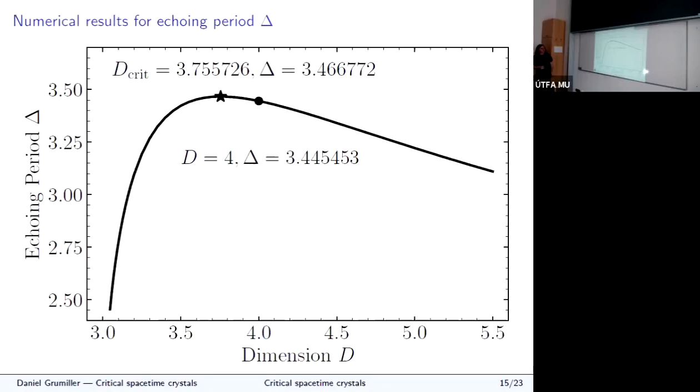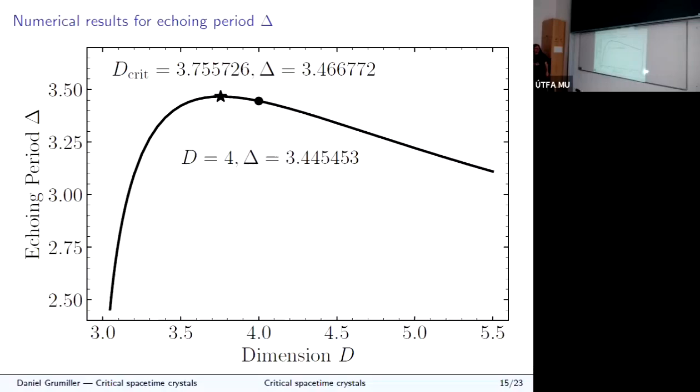So this is our result for the echoing period delta as a function of the dimension in this range of dimension between slightly above 3 and 5.5. And the error bars are smaller than the thickness of this line here. This dot here is the well-known result in 4 dimensions, which we reproduce with high accuracy. And to me, the only slightly surprising aspect was that there is a maximum in this curve at this somewhat random dimension.